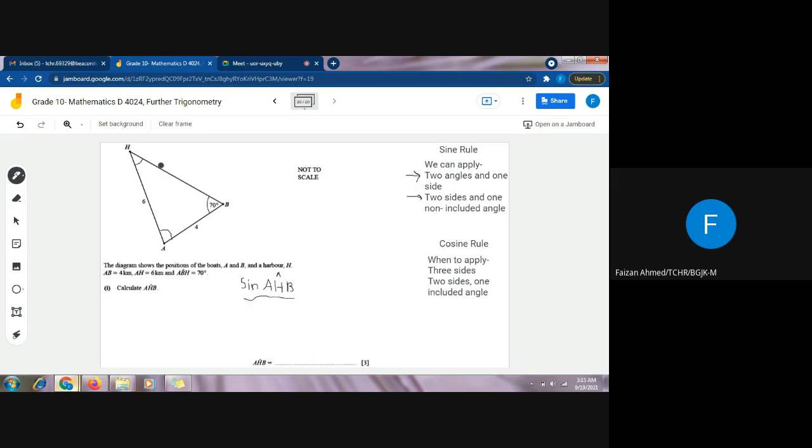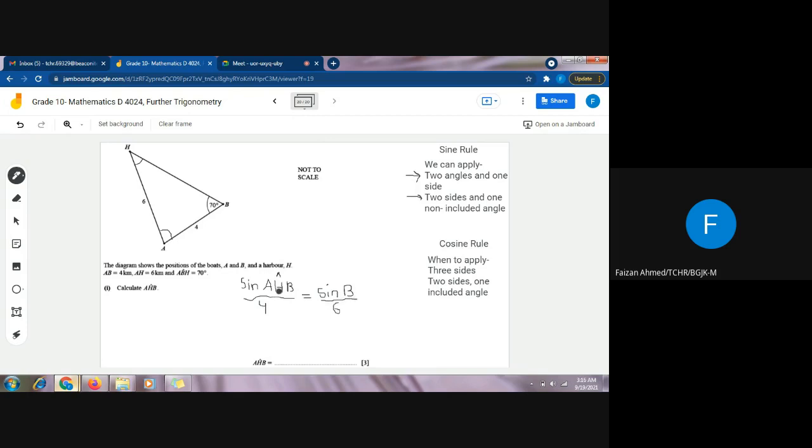What is the side opposite to this angle? 4. So 4 will come in the denominator, and equals, now I will find a pair whose angle and opposite side are given. This is the next side, and the angle opposite to this is also given. Since I am using the angle formula, all the angles will be in the numerator. So this will be sine B, divided by the side opposite to it, that is 6.